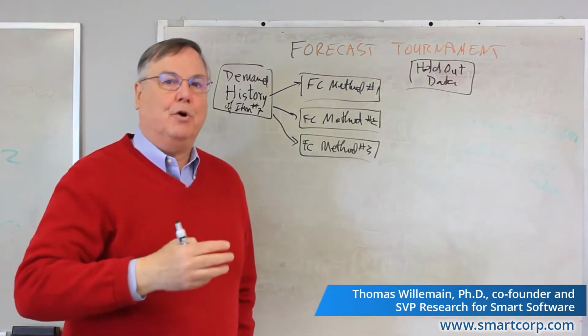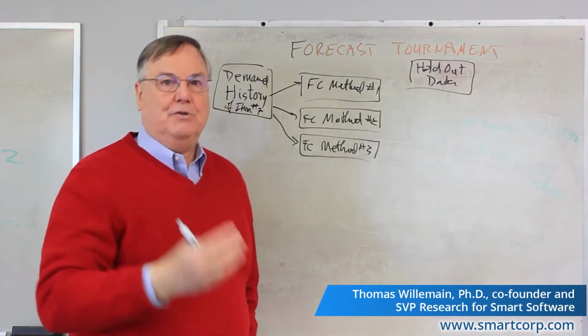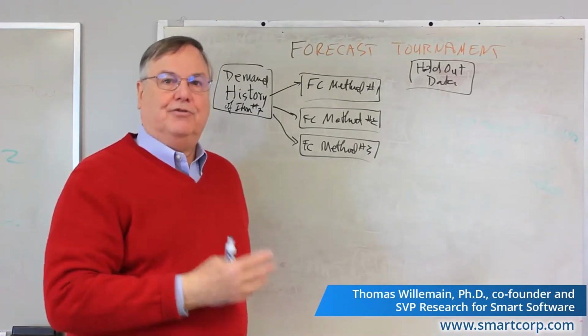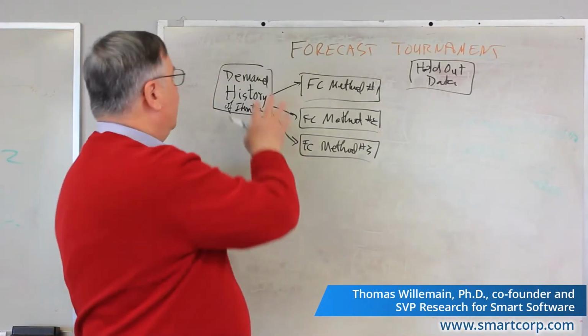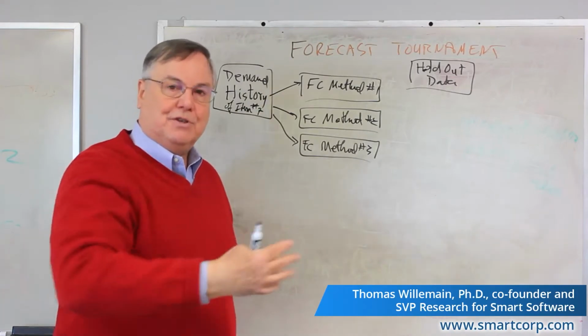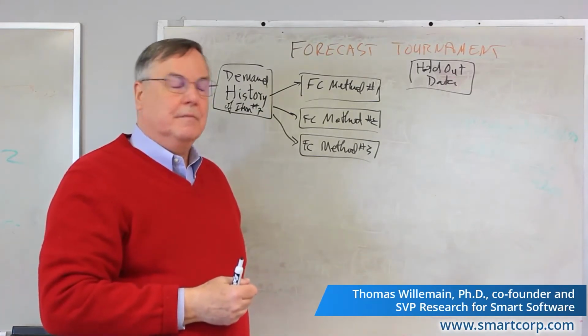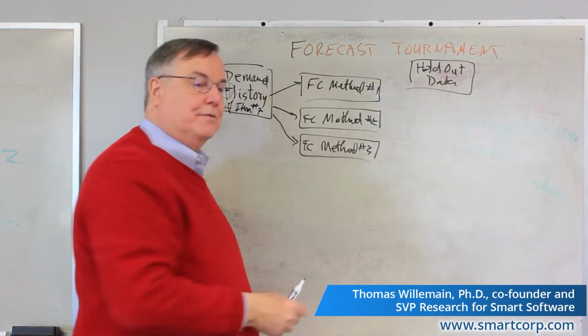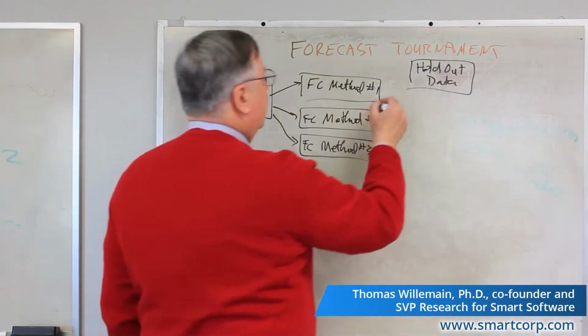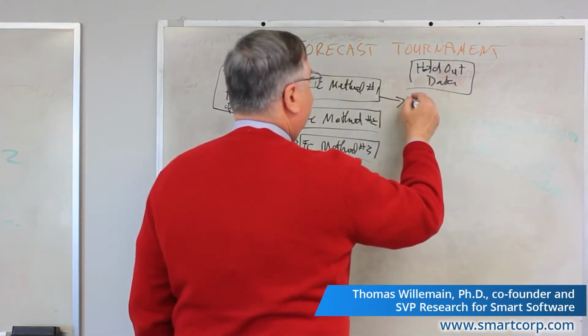That's our so-called holdout data set. We're going to use that as the ground truth. This is what actually happened at the end of the demand history that we're using as input.